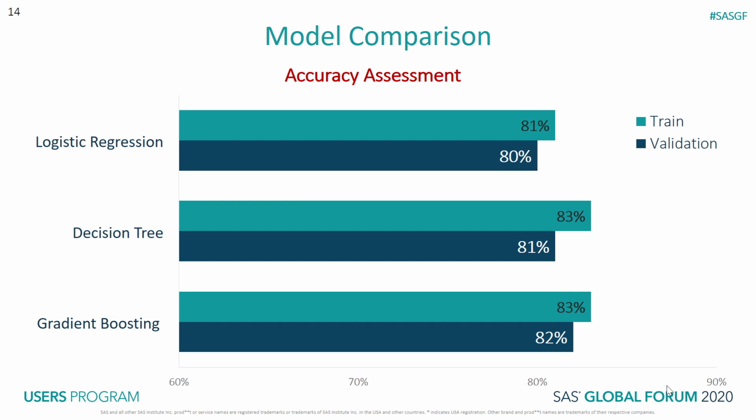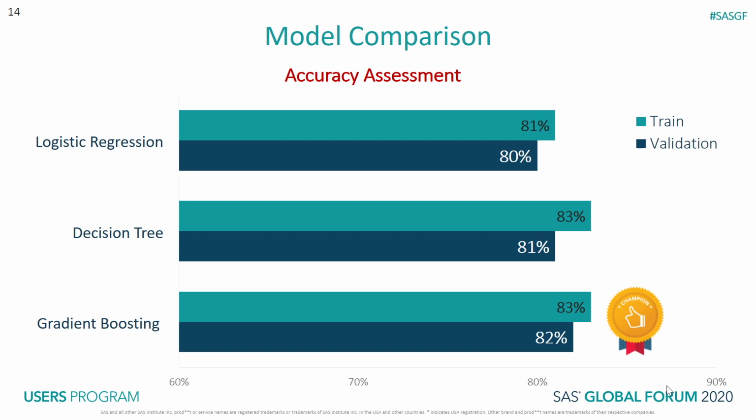Now, coming to the model comparison. From the results shown below, you can see that gradient boosting has the highest validation accuracy, and SAS's model comparison node, using this validation accuracy, determined gradient boosting as the champion model.